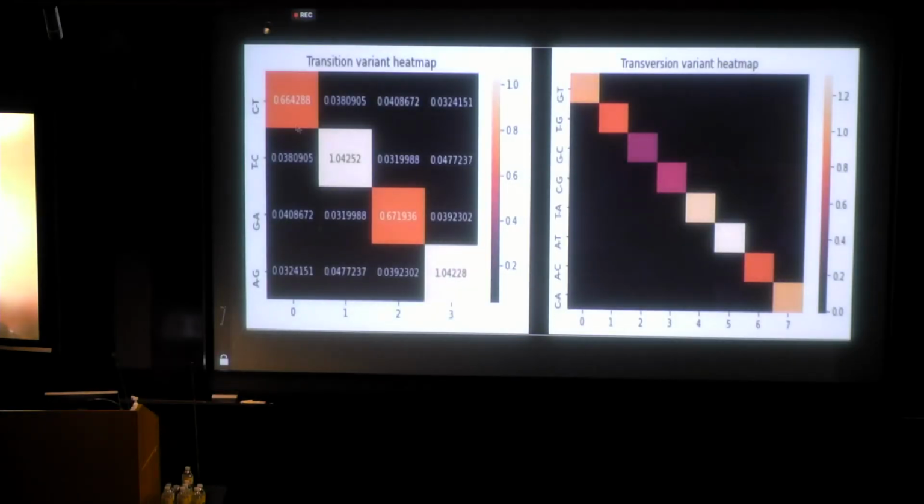And from heat maps, I wanted to see if there was a correlation between the disease impact scores of when a gene's base pairs mutate, like CT and GA. So I split them apart from transition to transversion, and here you can see that I used covariance matrices.